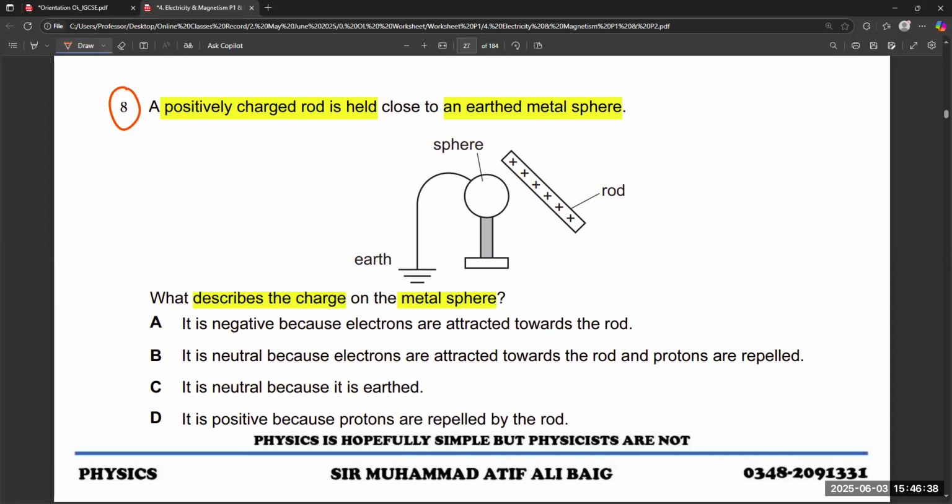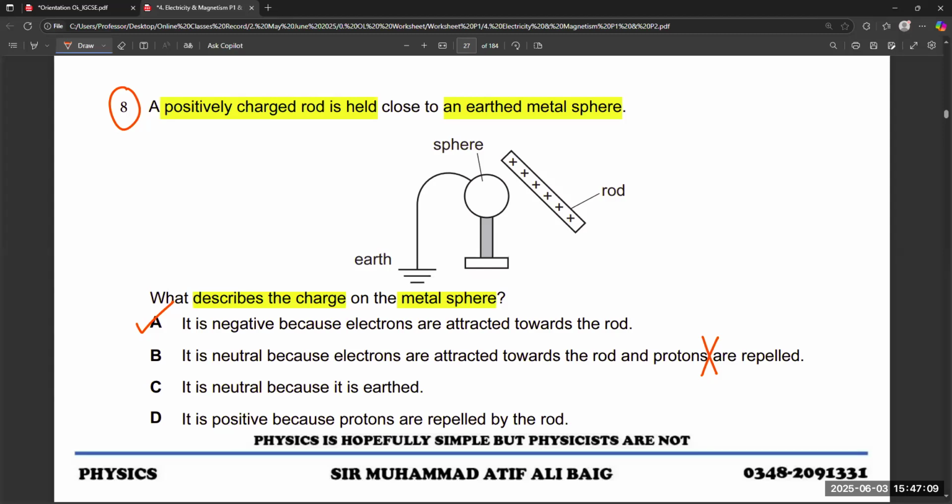So now in this situation we have four possibilities, and option A says it is negative because electrons are attracted towards the rod. If we consider B, it is neutral because electrons are attracted towards the rod and protons are repelled. So this is not possible, the idea of protons is wrong. And it can't be neutral either, because if it's neutral, then how is it attracting?